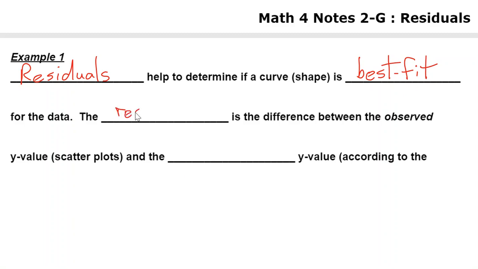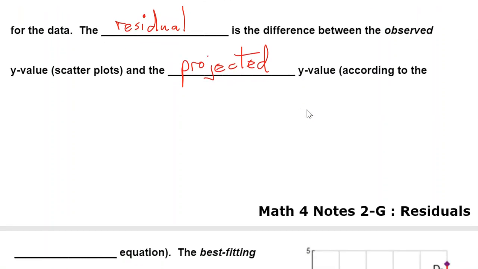Now, the residual, singular, is the difference between the observed y value, that is what your data is telling you, and the projected or predicted y value according to the line of best fit equation.